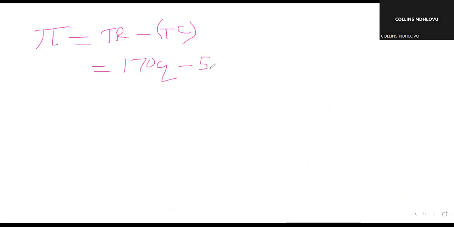Then we go to the profit. Who remembers the formula for the profit? Profit is equal to total revenue minus total cost. Excellent. So our total revenue is 170Q minus 5Q squared. And our total cost we're given as what? 40 plus 50Q plus 5Q squared.